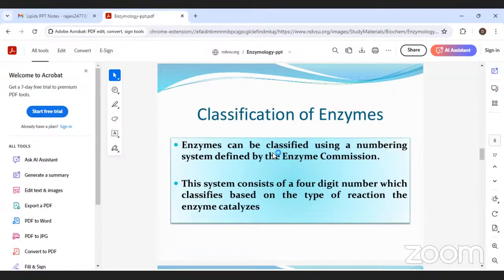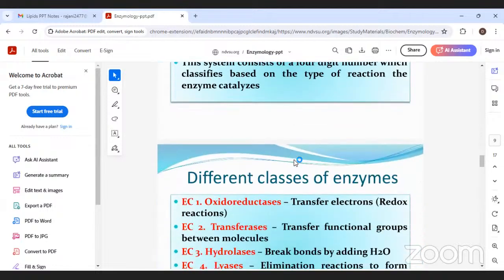Many earlier authors classified enzymes in two categories. Enzymes can now be classified using a numbering system defined by the Enzyme Commission. This system consists of a four-digit number, which classifies enzymes based on the type of reaction the enzyme catalyzes.